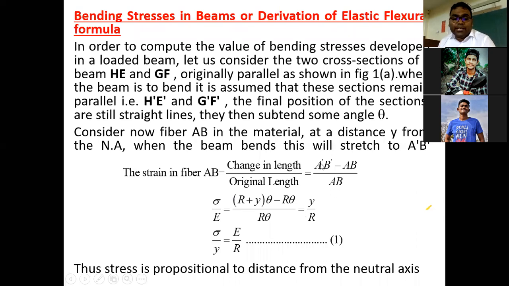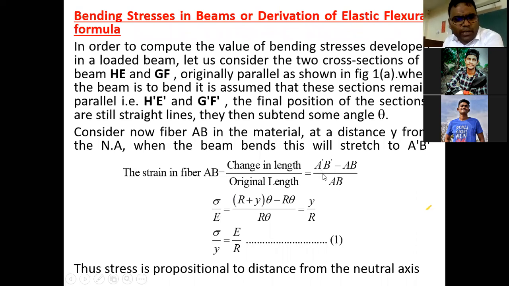So it becomes A dash B dash minus AB upon AB. This is the simple formula, the concept of strain. Now you know that strain is equal to sigma upon E, where sigma is the bending stress and E is the Young modulus of the material.